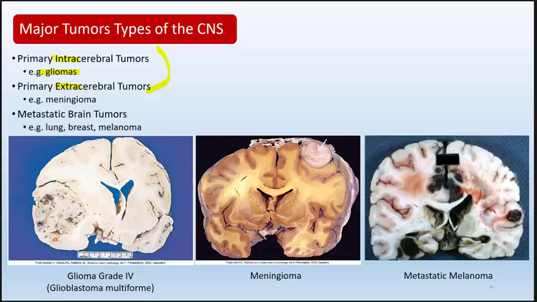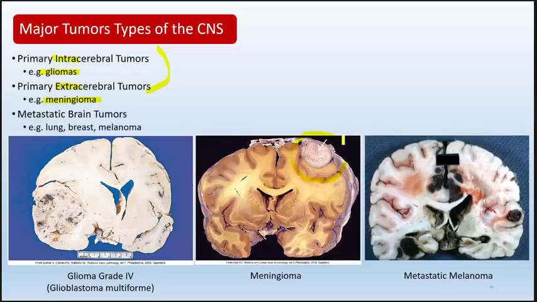But remember that if you have a tumor within the brain that's increasing in size, it's going to cause an increase in intracranial pressure and put pressure on other structures and even possibly lead to brain herniation and tissue death, etc. An extracerebral tumor example that I've given you here is a meningioma. So oma referring to tumor. This is a tumor of the meninges.